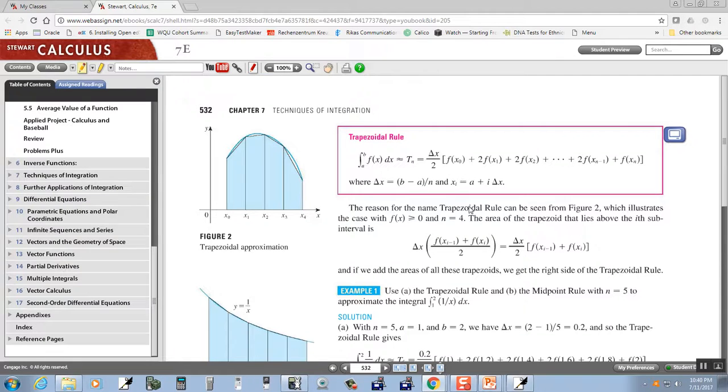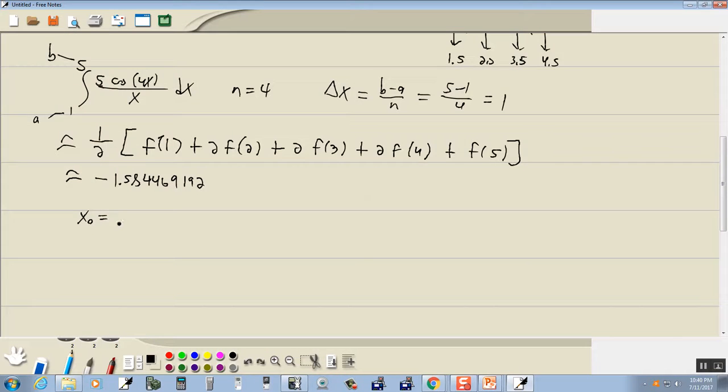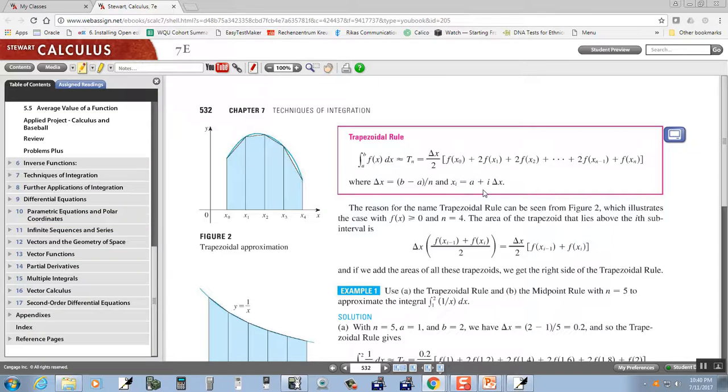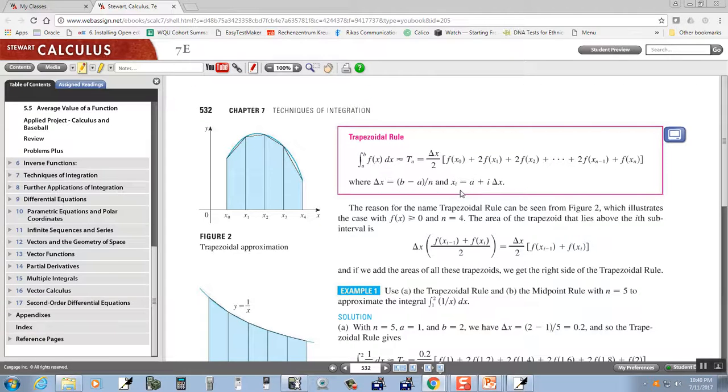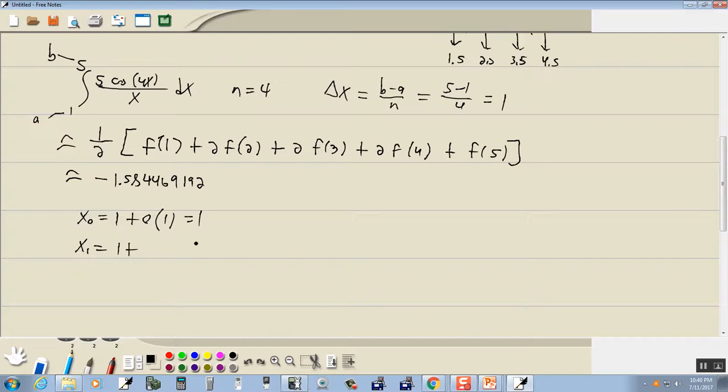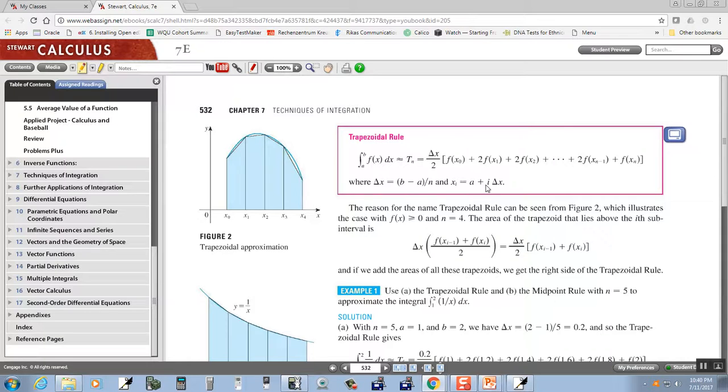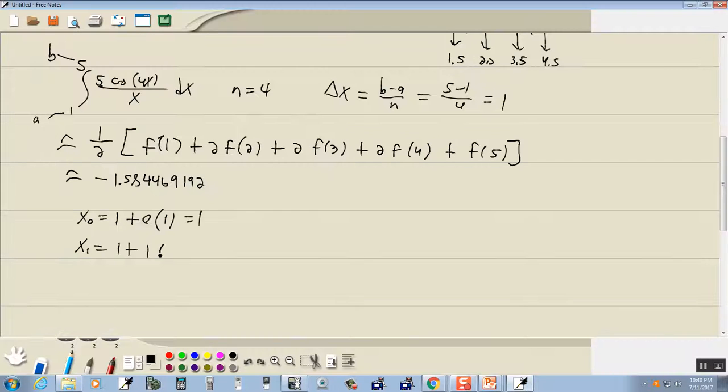We got x sub 0, which is a, which is 1, plus i, which would be 0, times delta x, which was 1. That gives us 1. x1 is 1, which is a, plus i, which is 1, times 1, which is 2. Okay, that works out.